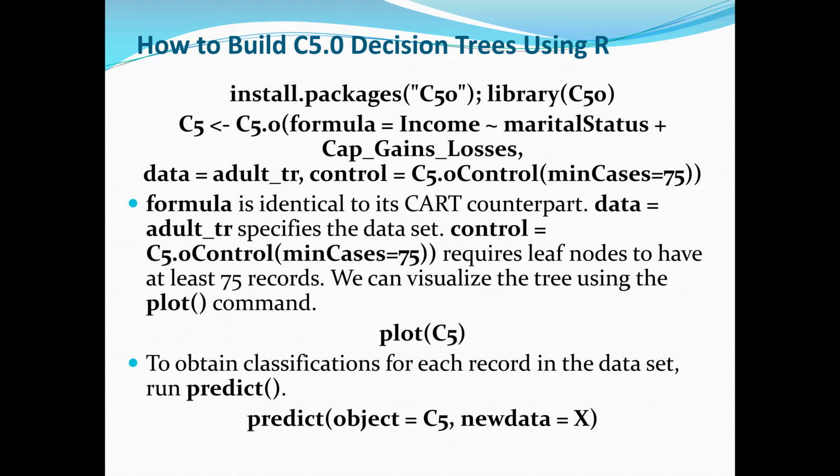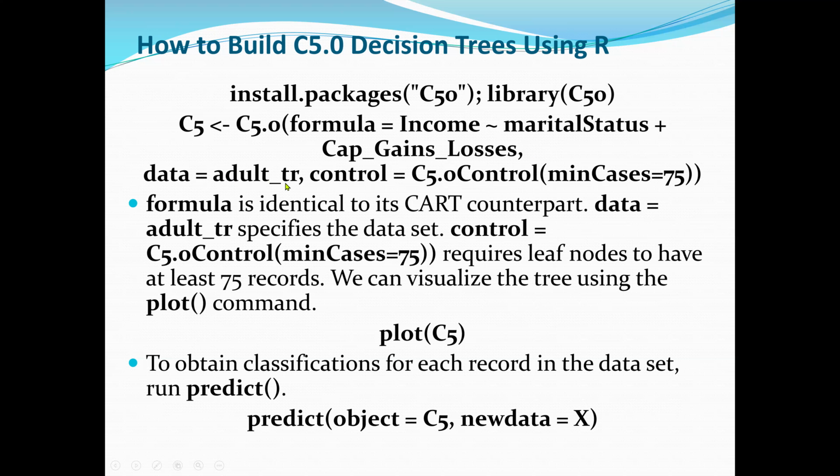So next step is to build the model now. So we call the model C5, and we use the command C5.0. Again, the same concept. We have the formula equal to income, marital status, then the cap gains losses. Those are the variables we are going to use. Then remember, we are using the same data set, a.tr.